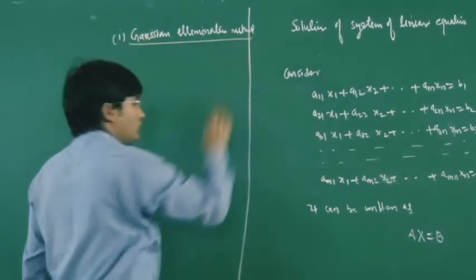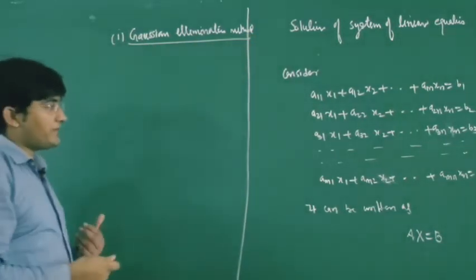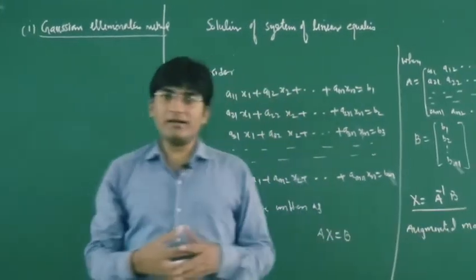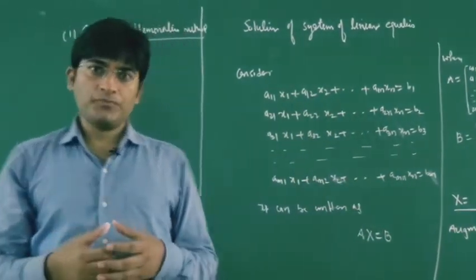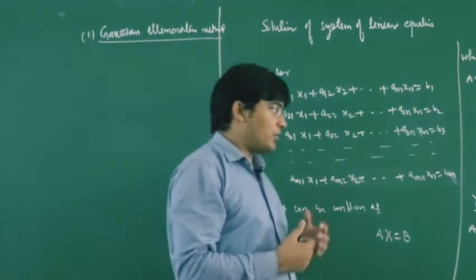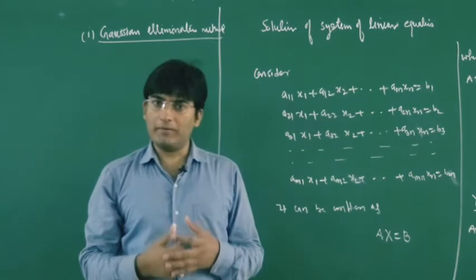Now in the Gaussian elimination method we will try to reduce this augmented matrix to an upper triangular matrix, that is, row reduced echelon form. We will do it with the help of pivoting.